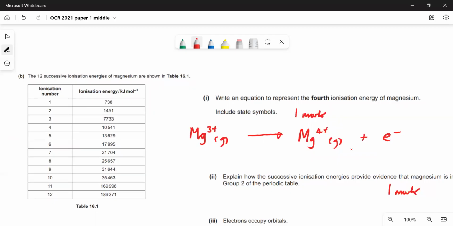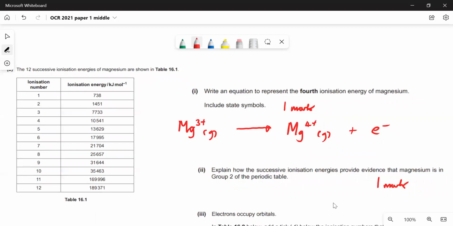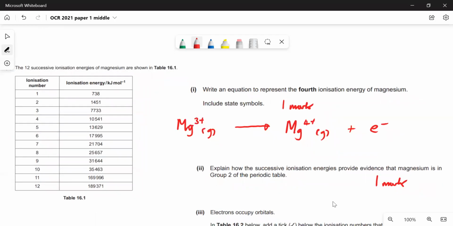Explain how the successive ionization energies provide evidence that magnesium is in group 2 of the periodic table. It's only 1 mark here. If it's in group 2, it means it's got 2 electrons in the outer shell. So the first 2 electrons should be quite easy to remove, and then there should be a big jump to remove the 3rd one, and that's what we see here.